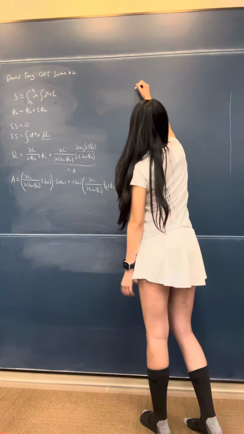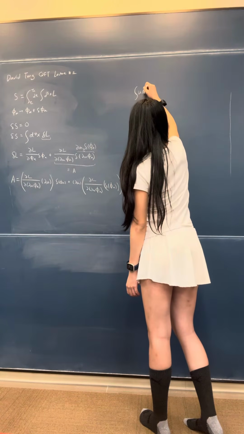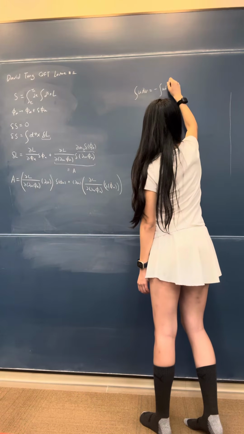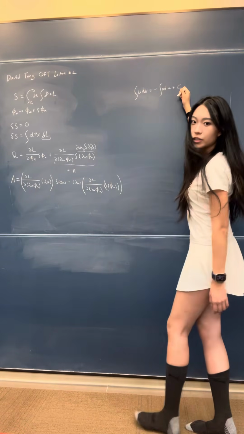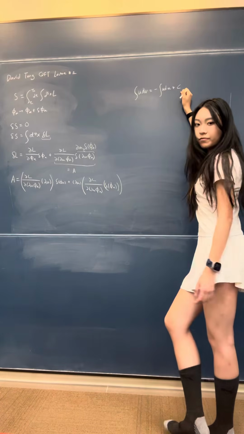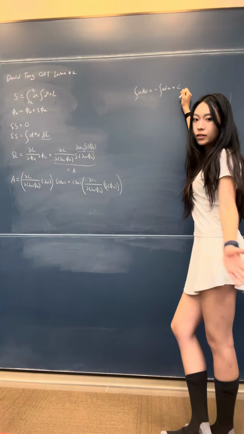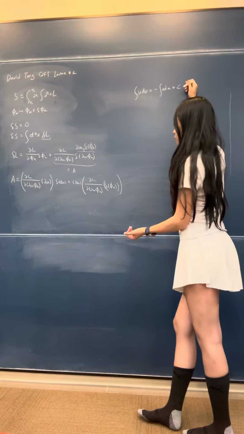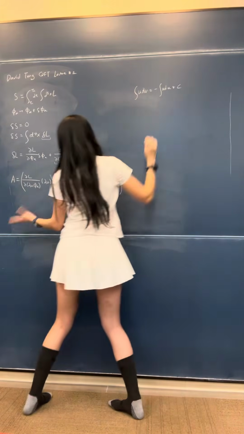So remember, if we have u dv, it is equal to negative v du plus some boundary term, and here the boundary term vanishes at infinity of the space-time. So basically we can rewrite this whole thing.